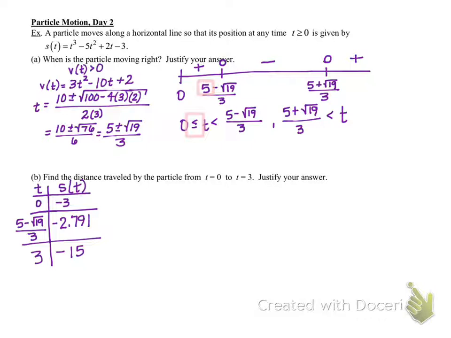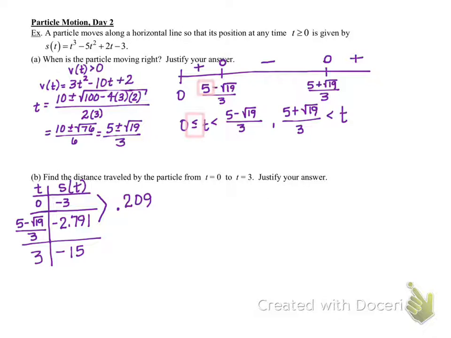We know that our particle changes directions at 5 minus the square root of 19 over 3. We know that the distance between 0 and that first turning point where it changes directions, that distance is 209 thousandths.